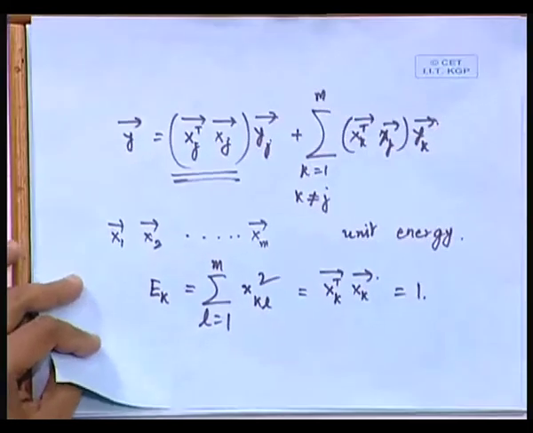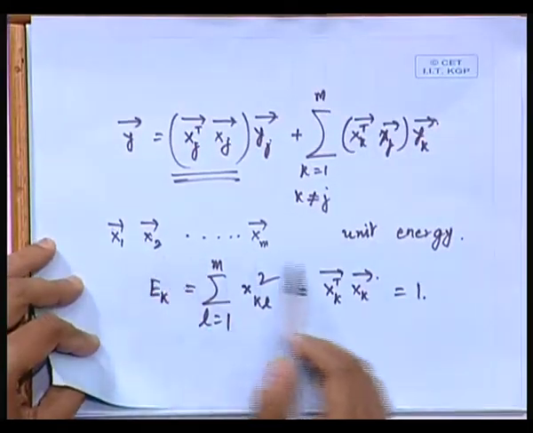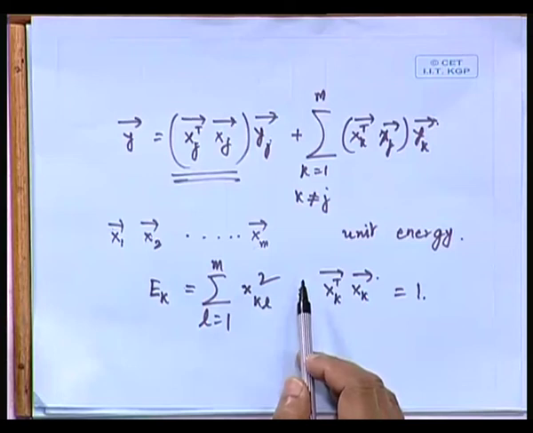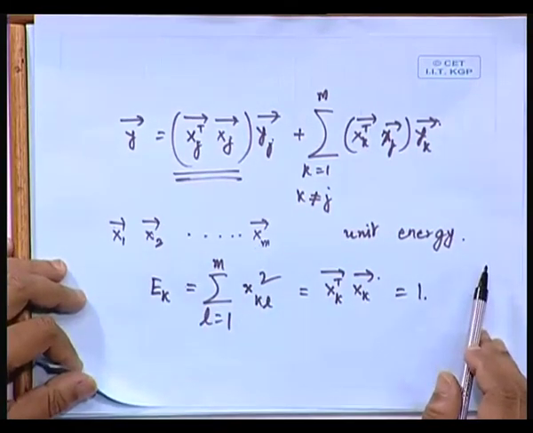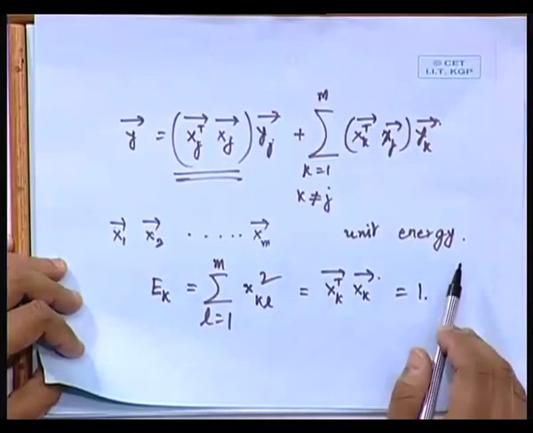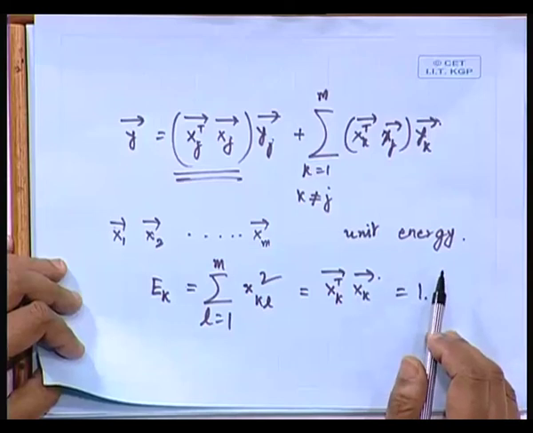And in order to simplify, we had furthermore assumed that all these vectors have unit energy, so that the norm of all these vectors will be equal to 1.